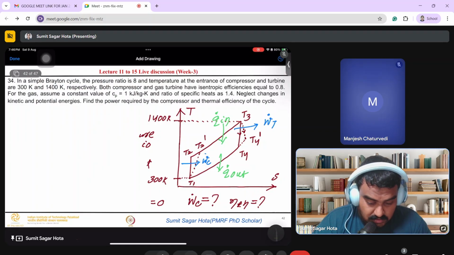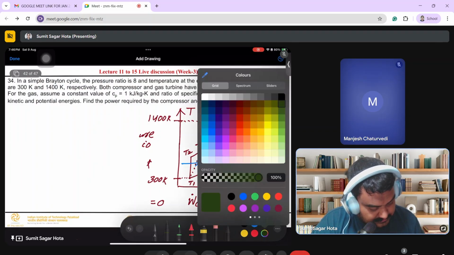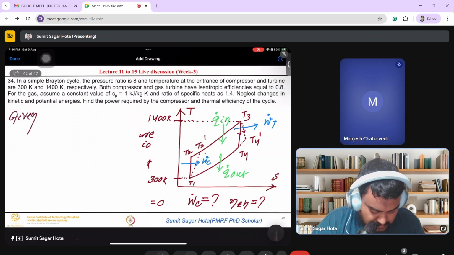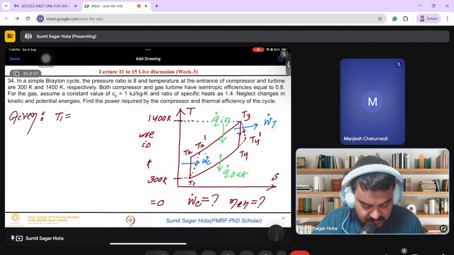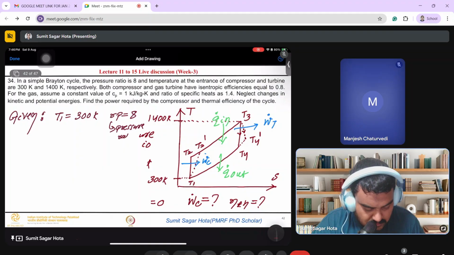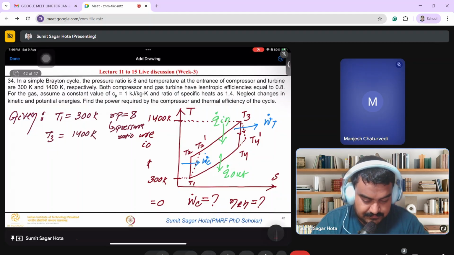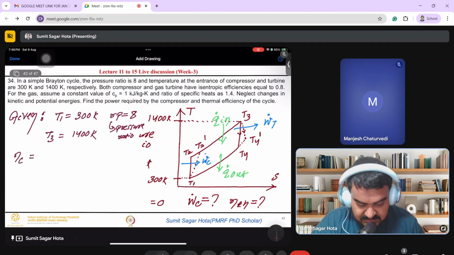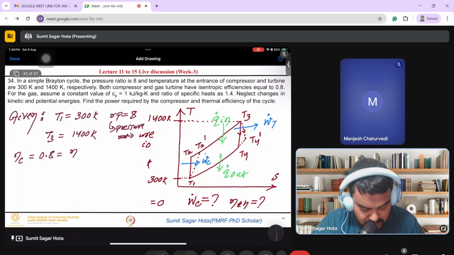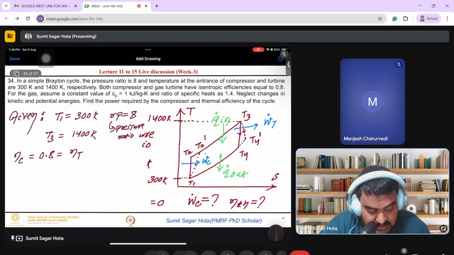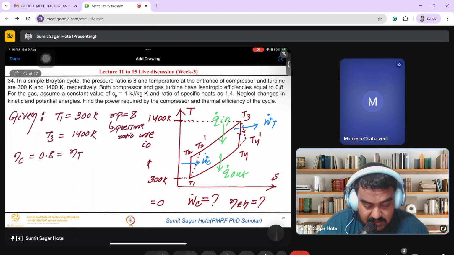So let's write down what is given. T1 is your 300 Kelvin, Rp is 8, the pressure ratio, and T3 is 1400 Kelvin, eta_C is 0.8, equal to eta_T. Here it's not an actual process, it's an isentropic process, and the actual process is separate.